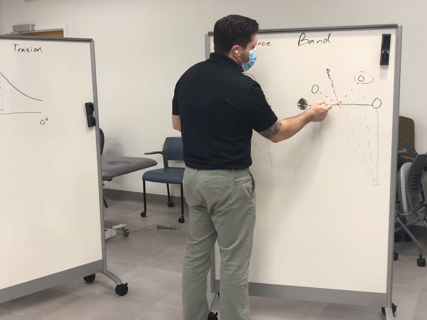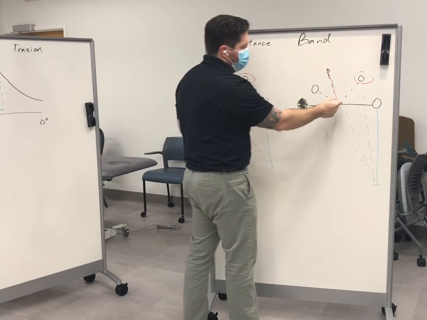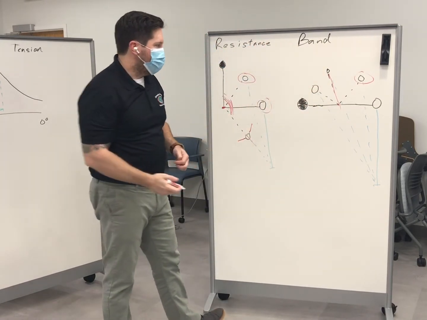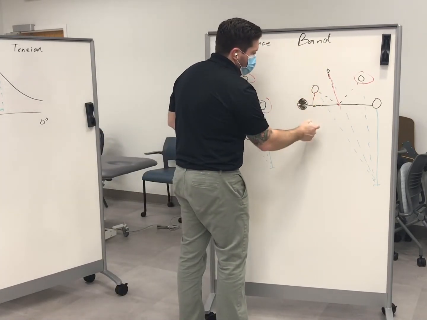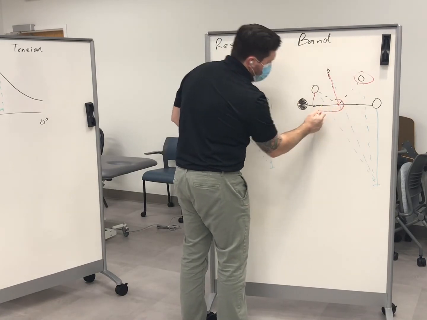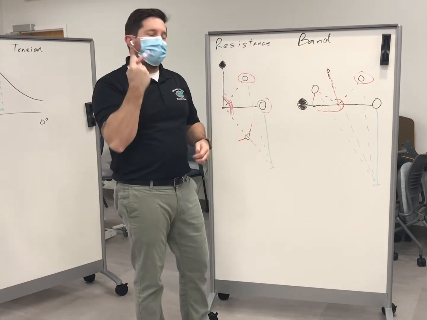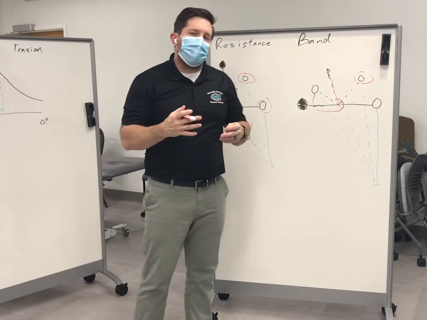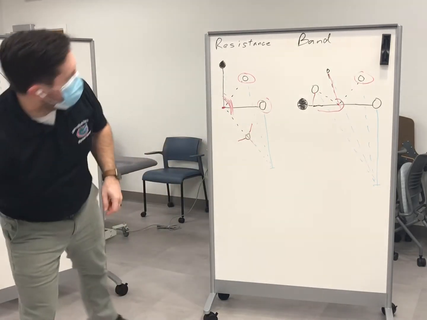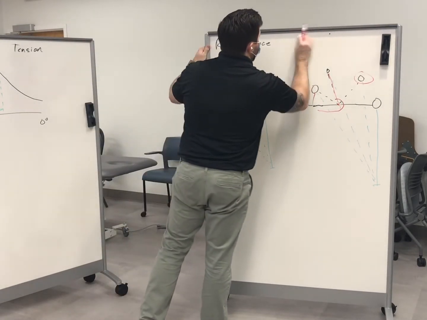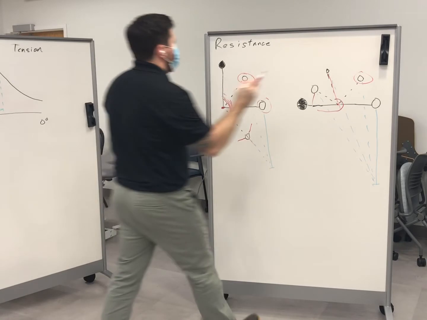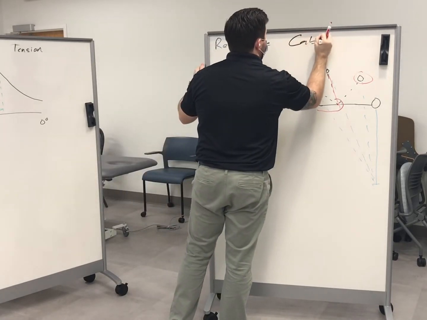Once we flip the side of the axis of rotation that the band is on, now you have more of a force to flex, so you have to use your triceps in order to keep that from bending further.